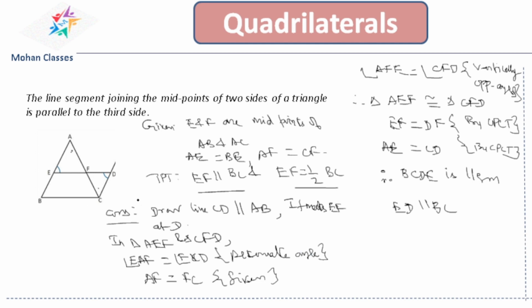ED parallel to BC, that means EF parallel to BC. Clear? What is EF plus DF? EF plus DF is equal to BC, right? We are saying if this is a parallelogram, ED is equal to BC.